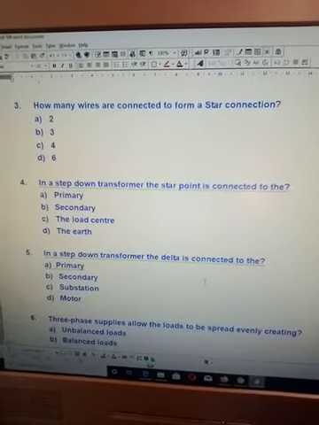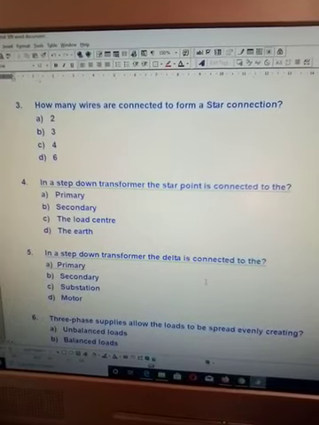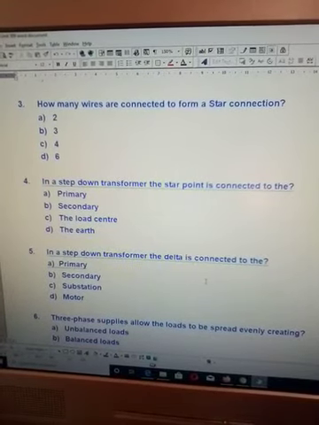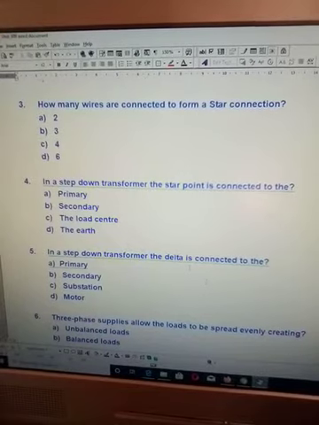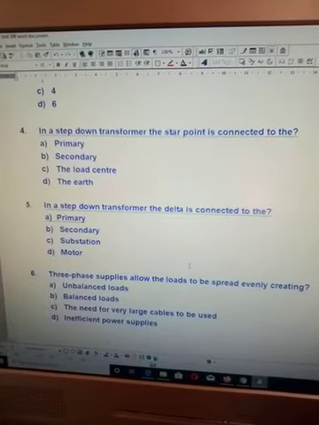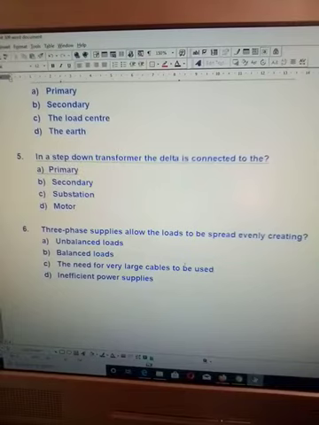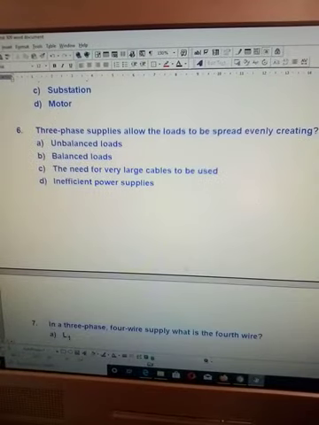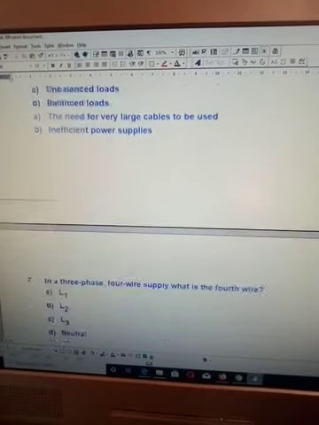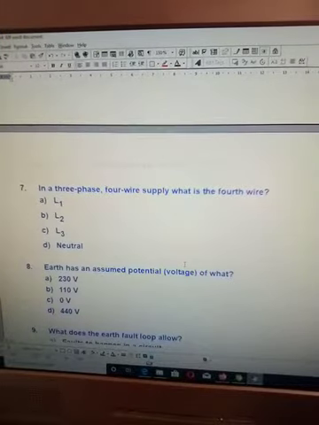In step-down transformers, the start point is connected to what point? In a three-phase 4-wire supply, what is the 4th wire?